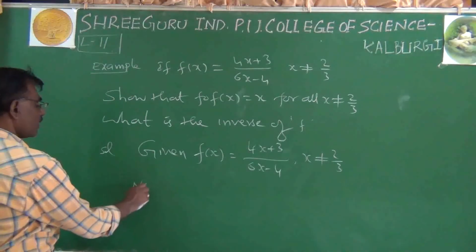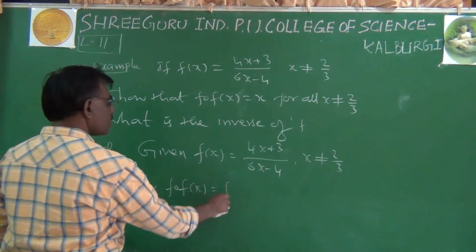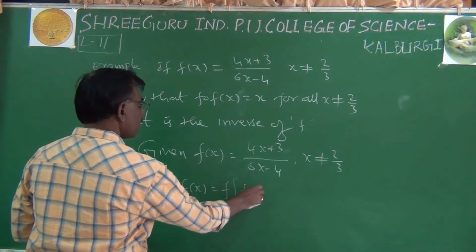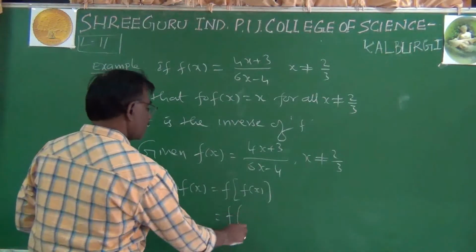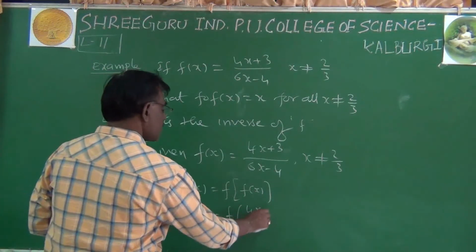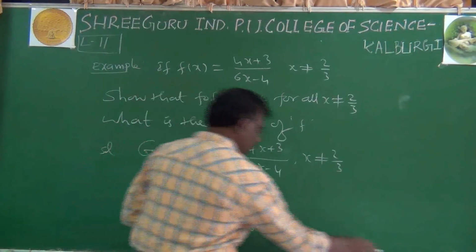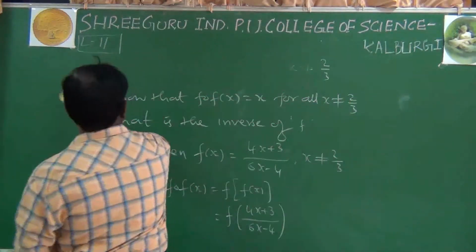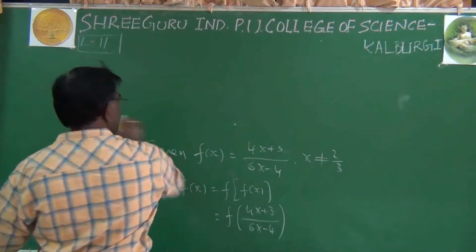Now f composition f of x is equal to f of f of x, which means f of 4x plus 3 divided by 6x minus 4. Our aim is to prove it equals x.